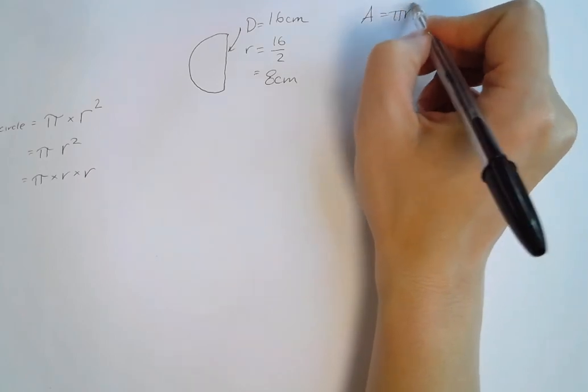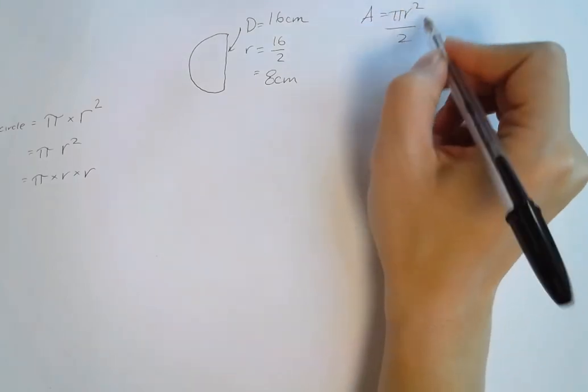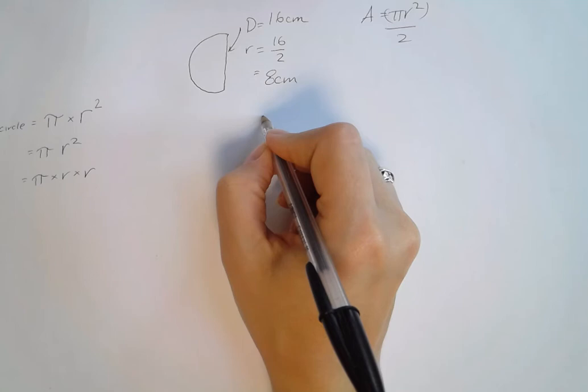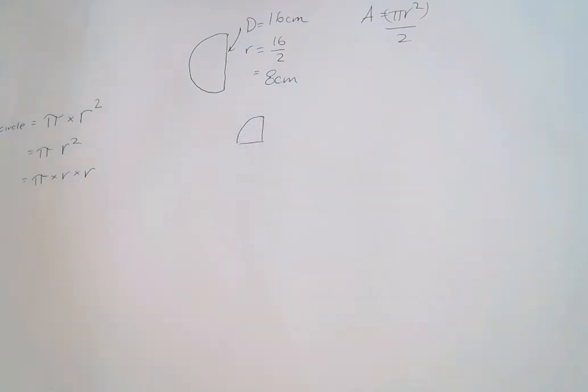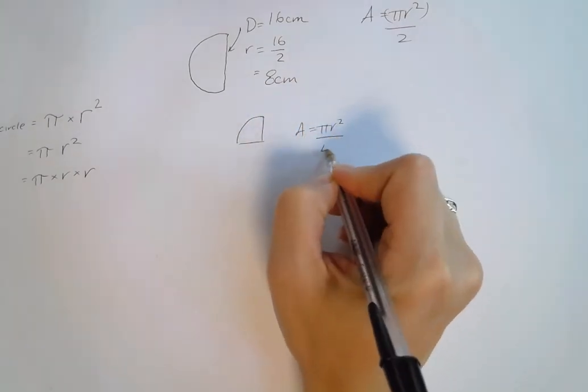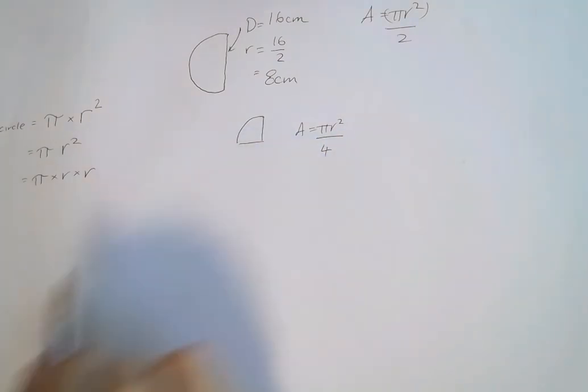So you could say pi r squared, and then you could just divide the whole thing by 2, because we know we have half a circle. But it's not always going to be that easy. If you had a quarter circle, sure, you could do the same thing, and you could divide area equals pi r squared by 4, because you know there'll be 4 quarters in that circle.